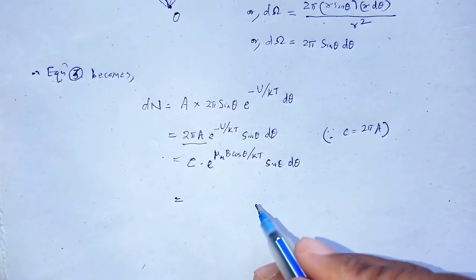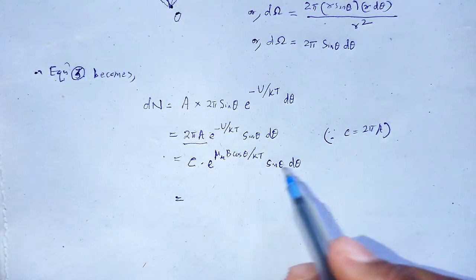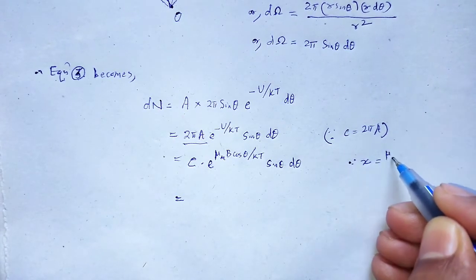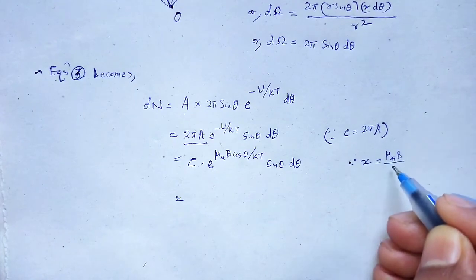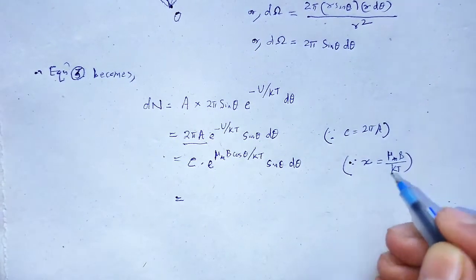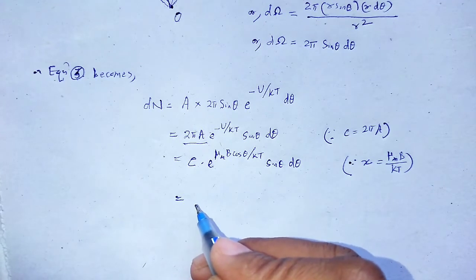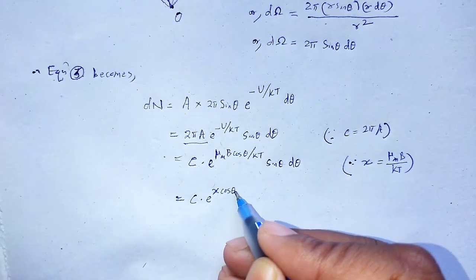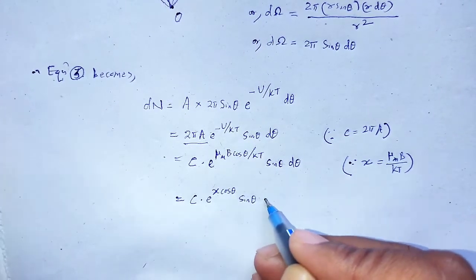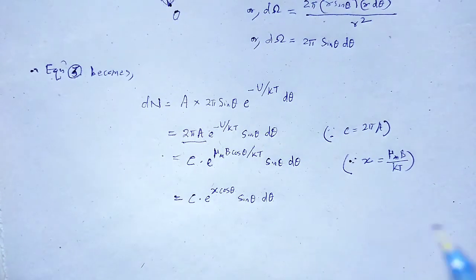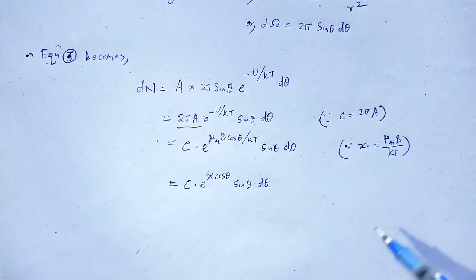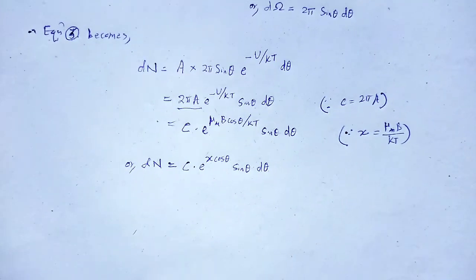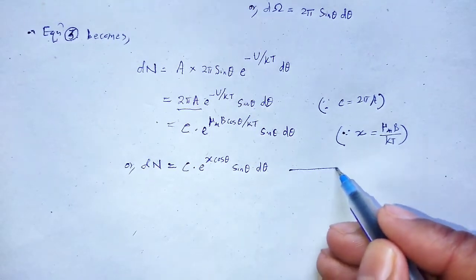Again we substitute x is equal to mu m b divided by kt. Therefore, it will be c e to the power x cos theta sin theta d theta, that is for dn. This is equation number 4.